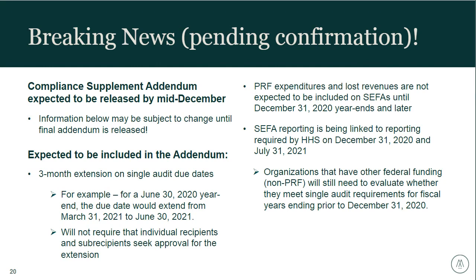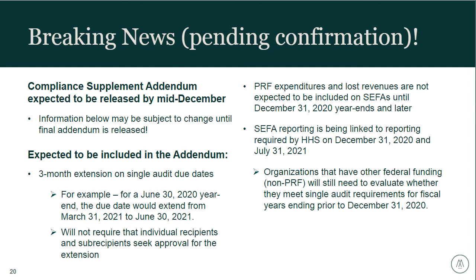On the AICPA's website, there's a good graphic about this, but just as an example, for those of our organizations that have a June year end for 2020 and do have a single audit requirement already in place, normally the due date to complete that single audit would have been March 31st, 2021. That's typically 9 months after the fiscal year end at the latest that the audit can be completed. That deadline has now been extended to June 30, 2021.